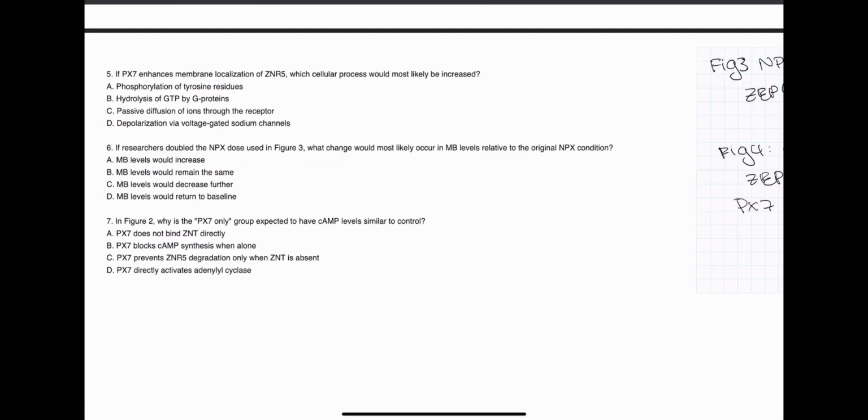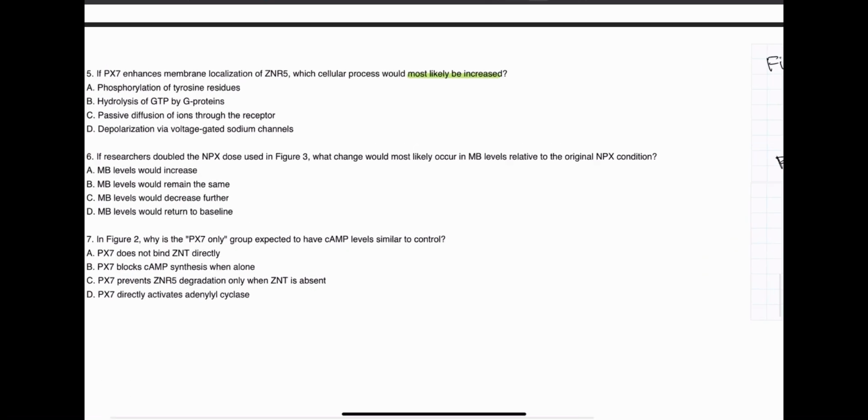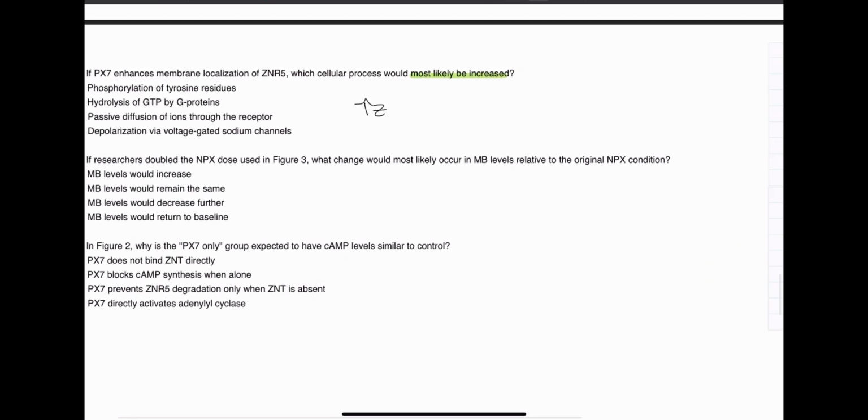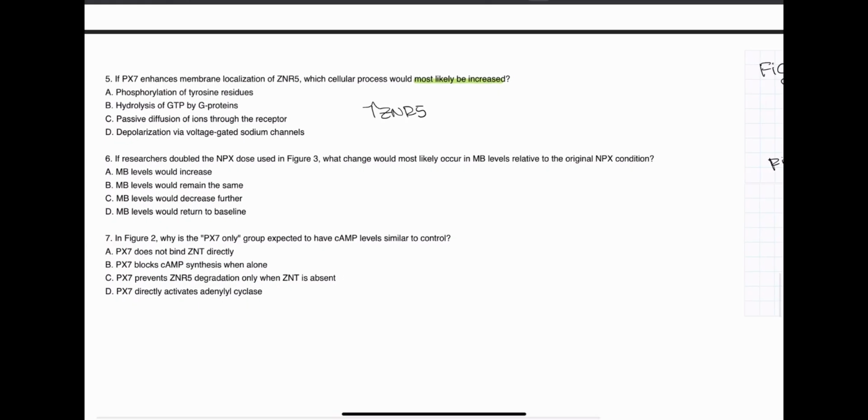Okay, question 5. If PX7 enhances membrane localization of ZNR5, which we know is a transmembrane receptor, and that's a GPCR, which of the cellular processes would most likely increase? Okay, so increase in ZNR5. It is also very helpful to rephrase the question, because many times when we're looking at the answer choices, we're forgetting what the question even asked us. So what did the question ask us?